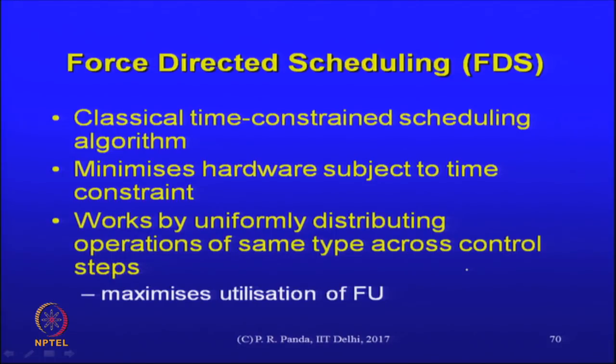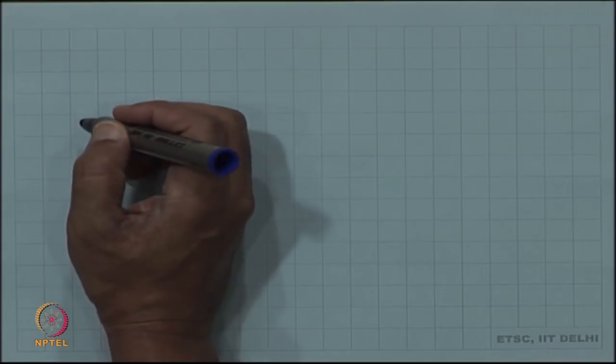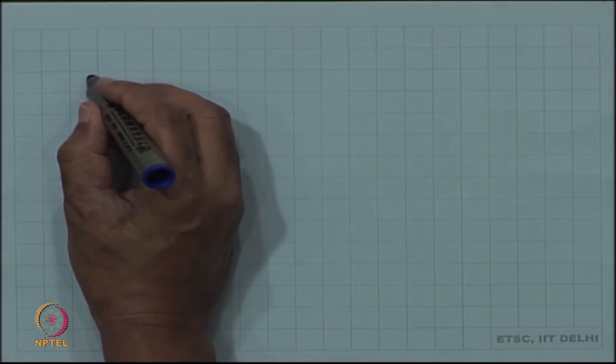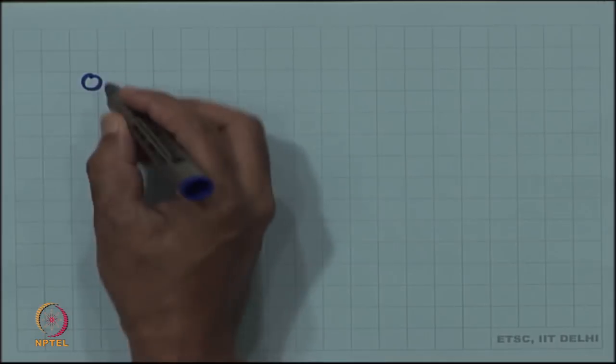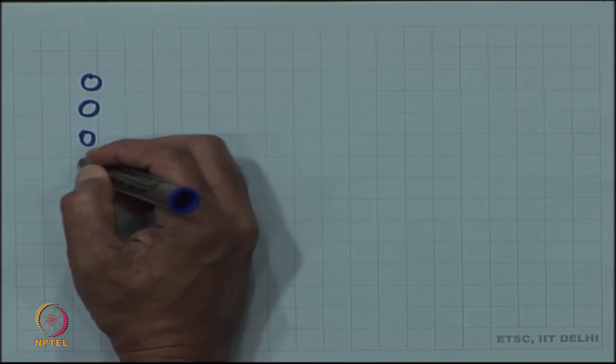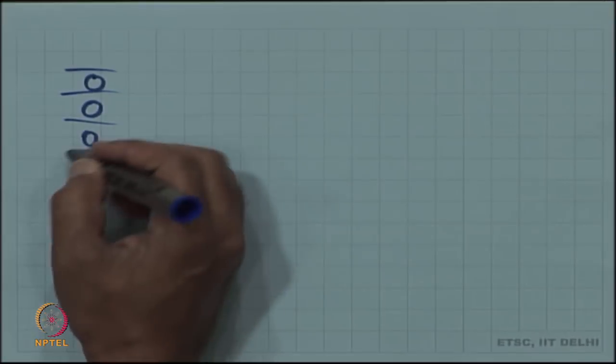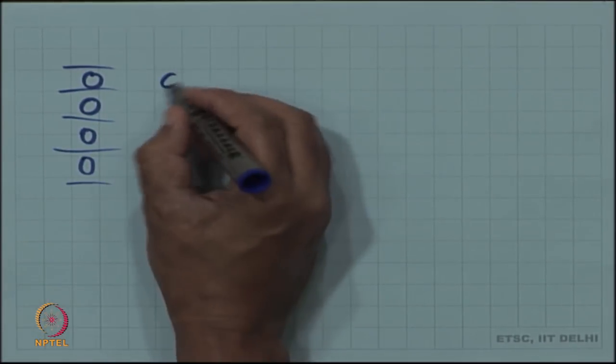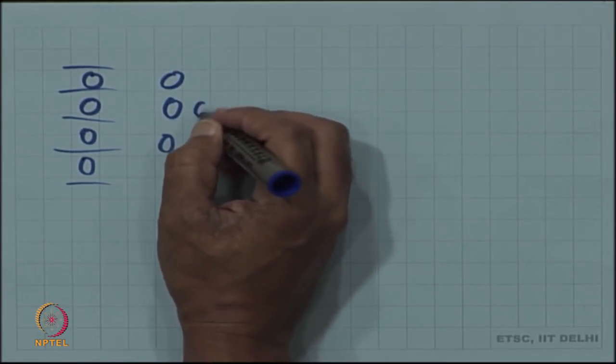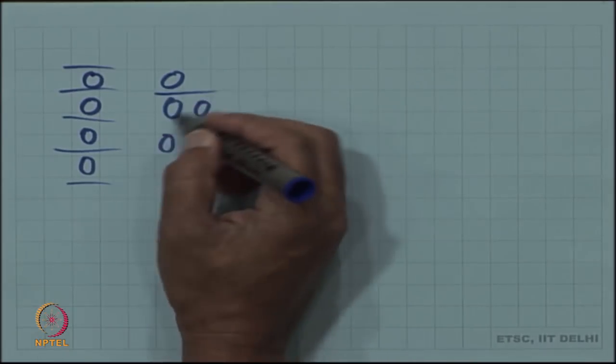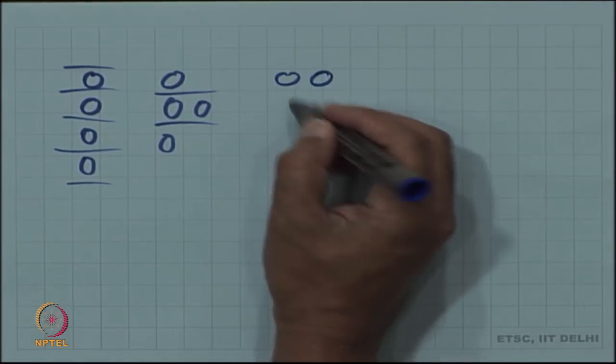The idea is you try to uniformly distribute operations of the same type across control steps. The intuition being that suppose you had 4 operations to be performed. Those could be distributed like this, those could be distributed like this, could also be distributed like that.